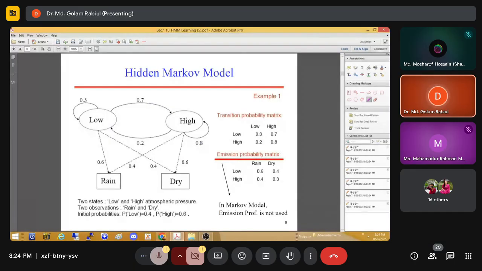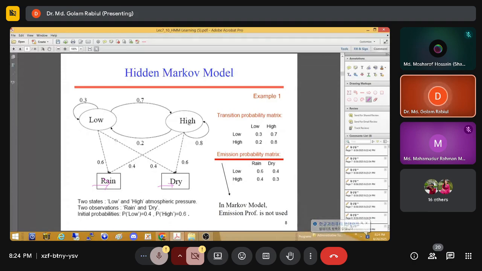Specifically, consider that we just observe whether today is a rainy day or a dry day. So this is the observation, whatever we can see.